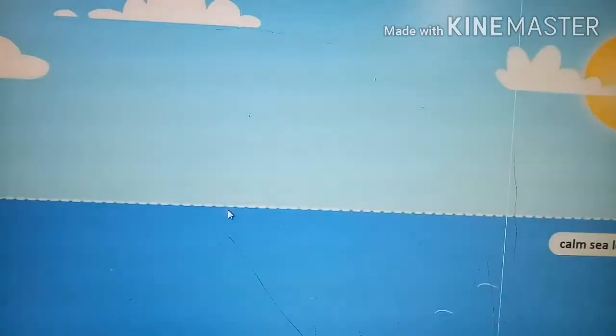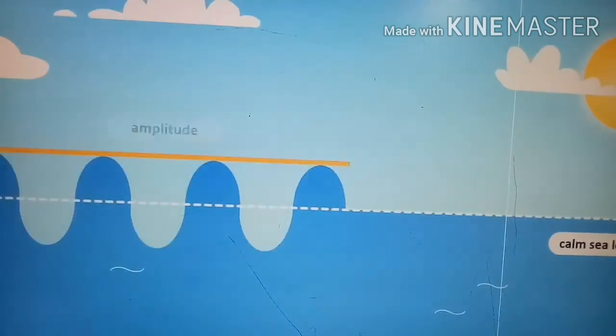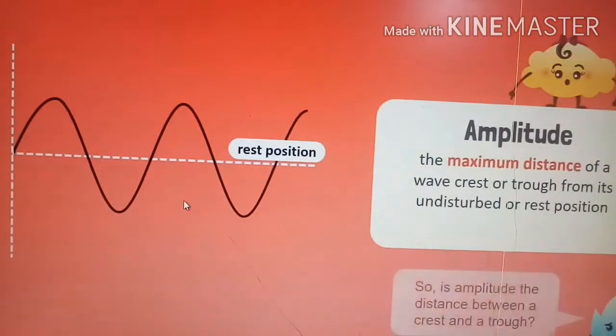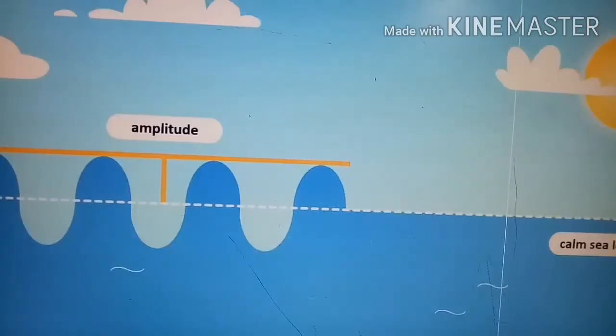Now look at that in a calm sea, these are the higher sea waves. This is the amplitude from the sea level. Look carefully. This is the rest position of the sea when the sea is calm.